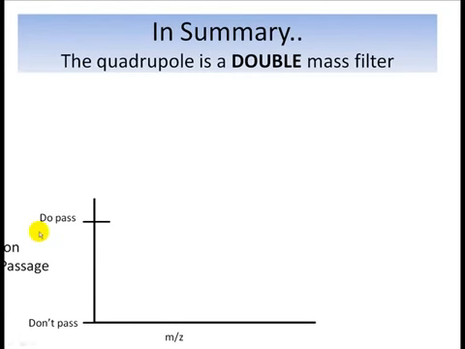It looks like this, which shows passage of ions on the vertical axis. It's basically showing whether the ions don't pass or do pass. It's kind of like a binary thing, 0 or 1. So we're talking about whether or not the ions make it through as a function of their mass-charge ratio.